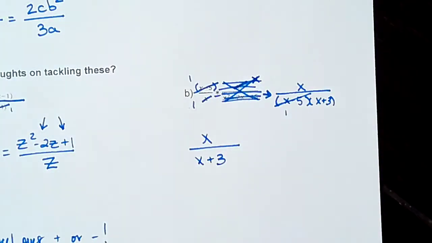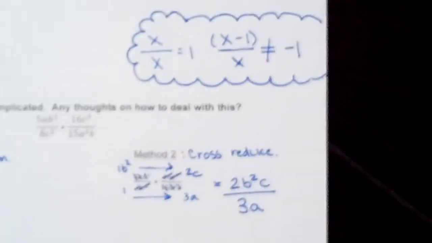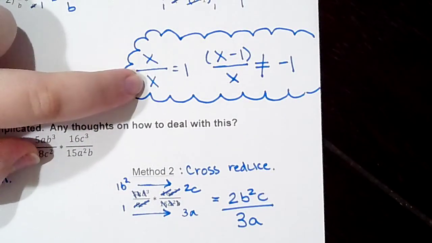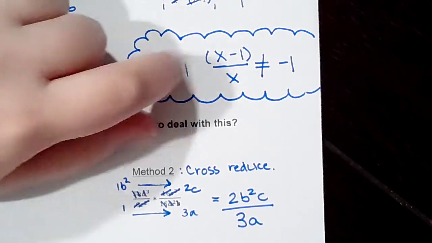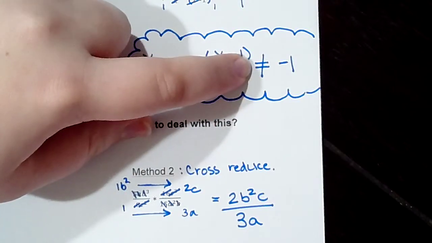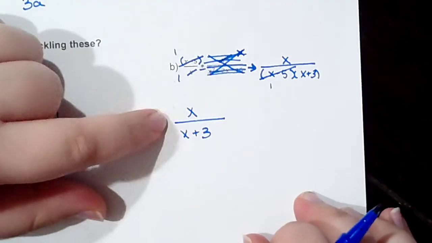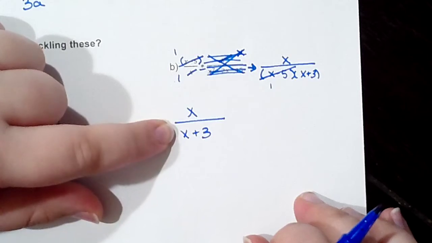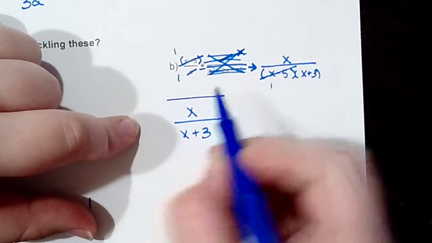No, bad. Don't do that. Please do not simplify this any further. If they're the exact same, they cancel. If they are not the exact same, they do not cancel. Bad. Notice, these do not cancel. This is as simple as it gets.